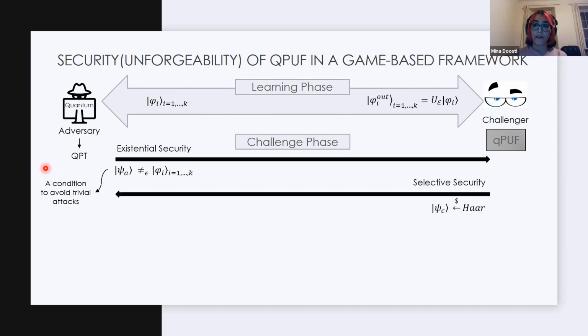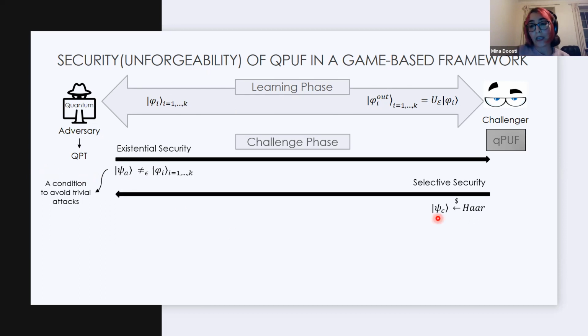And then we have a weaker level of security, which in the context of PUFs is usually called selective unforgeability. In some other literature, it's called universal unforgeability. This is when the challenger picks a challenge uniformly at random.